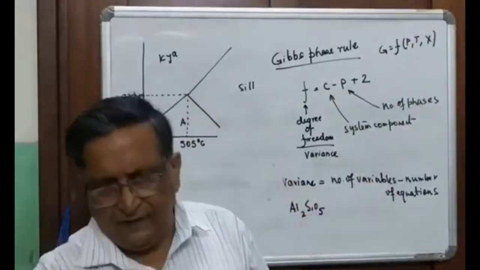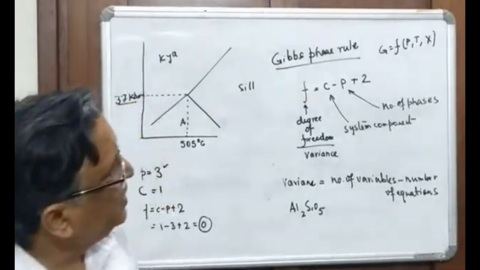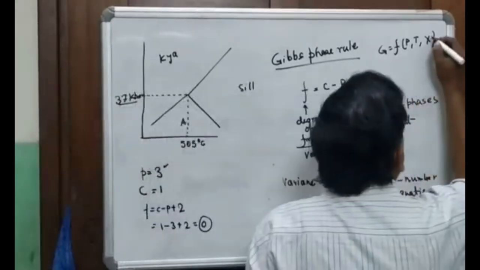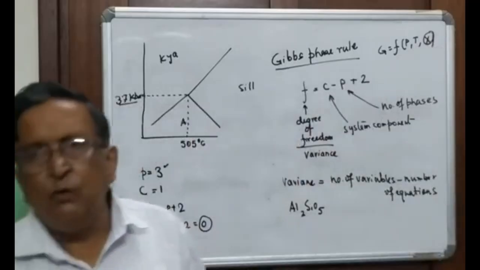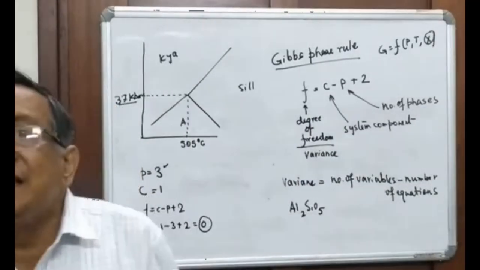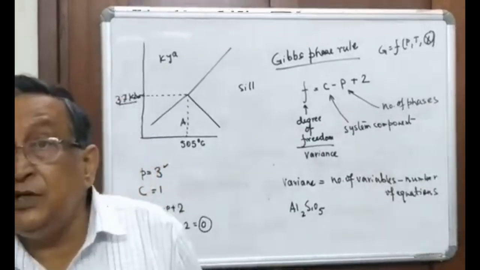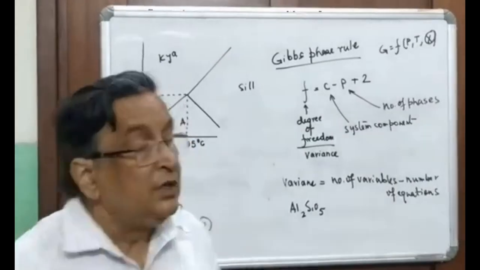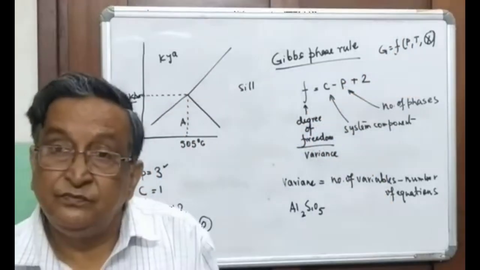For a pure phase, X is no more there, because for a pure phase the mole fraction is 1, so X is equal to 1. That means an equation comes in, X is equal to 1. Right. So then G is a function of temperature.